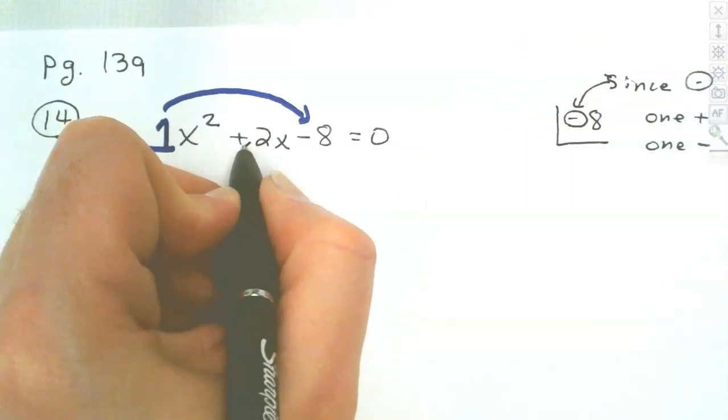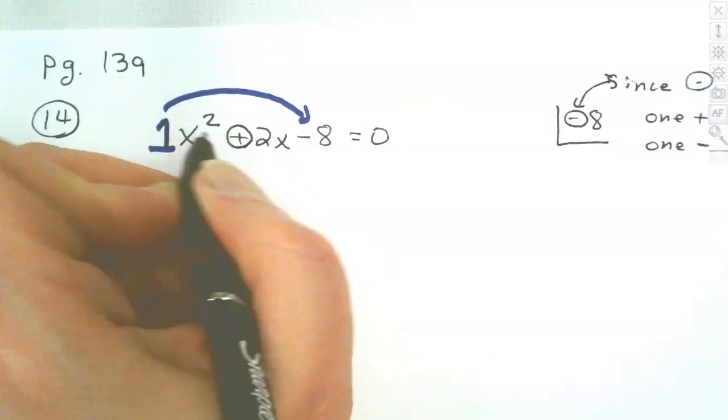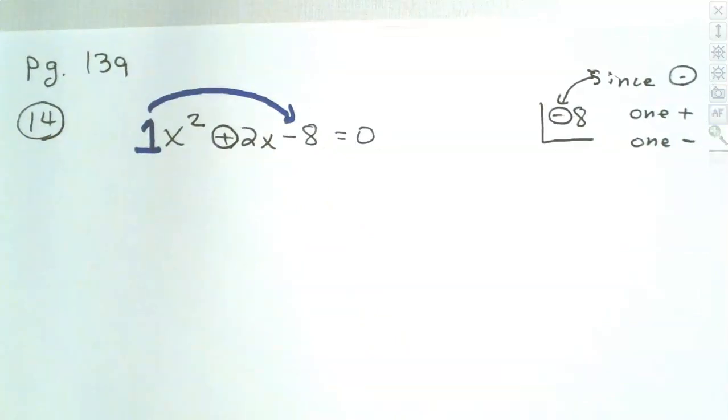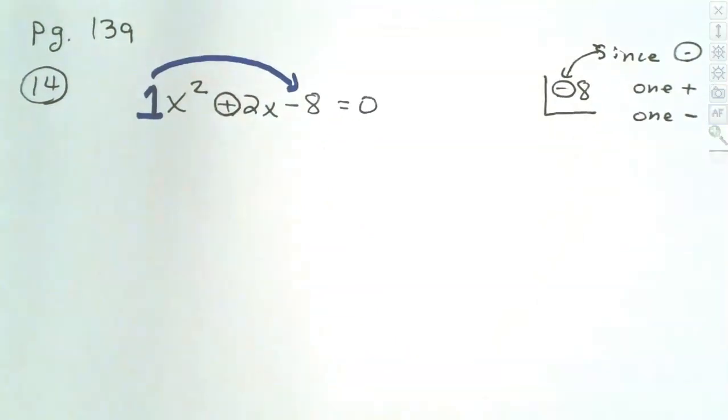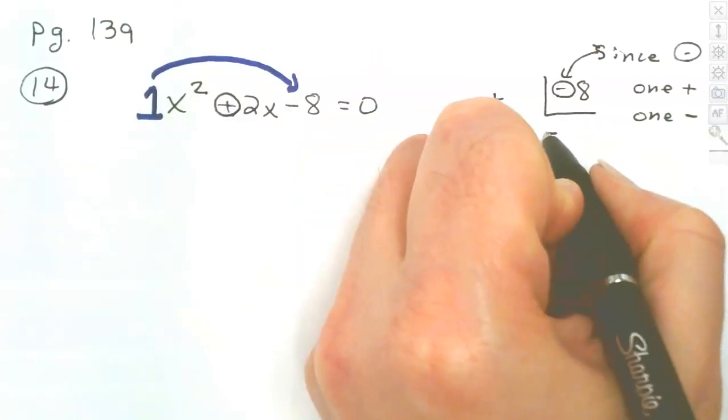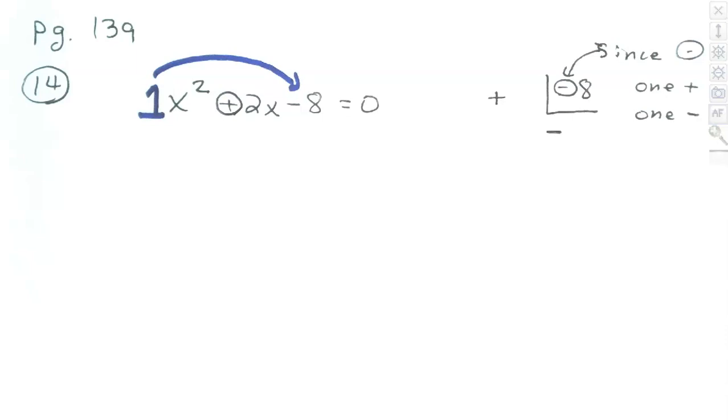Then we look at the sign in the middle here. What's the sign in the middle? Positive. So that tells us our largest number is positive, smallest number is negative.